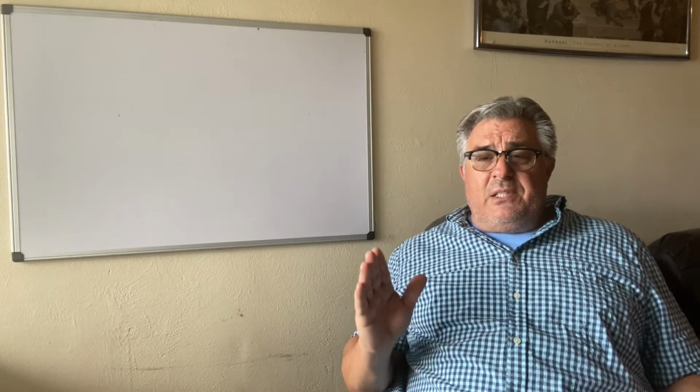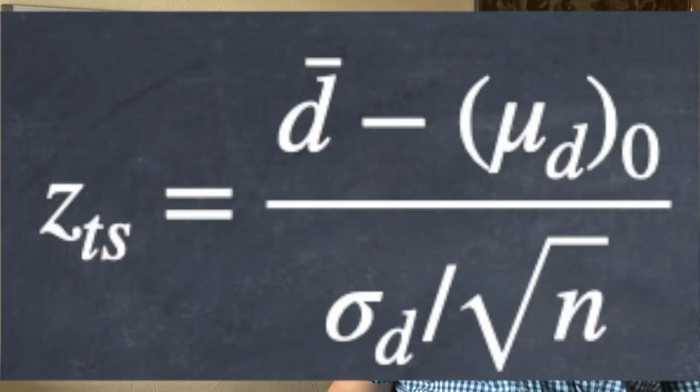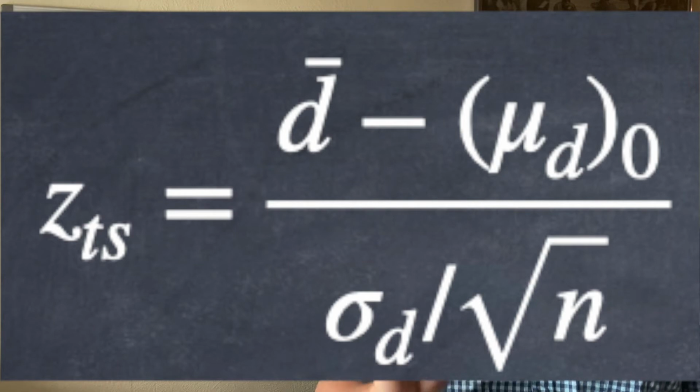Under that assumption, our test statistic is going to be in the form z sub ts equals d bar minus mu of the differences under the null hypothesis, divided by sigma sub d divided by the root n, our typical standard z test statistic. But recall, we don't know the standard deviation sigma.